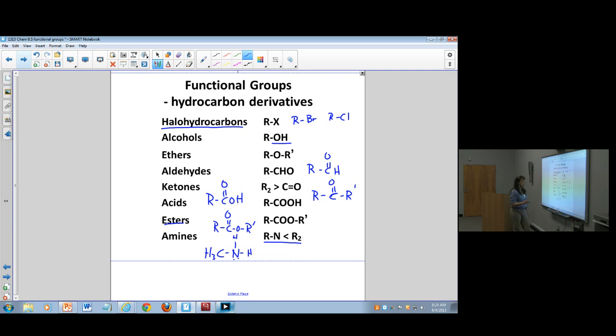I'm sorry. And then there's the amide. It's not on here, but the amide is a carbonyl type group, and in your proteins and in your DNA and so forth, that's called a polypeptide or a peptide bond.